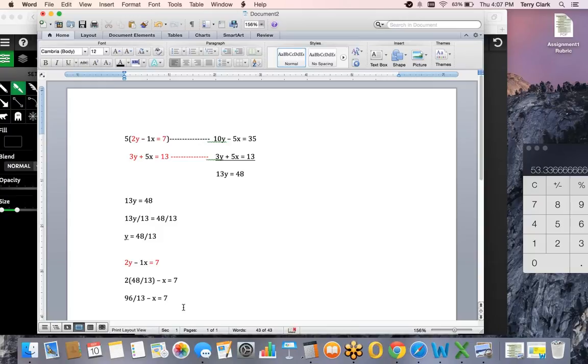So now I'm wanting to double check my work. Okay, so now we've got 96 over 13 minus 96 over 13 minus x. And the reason why is because that's a positive 96 over 13. So I'm trying to get rid of it.